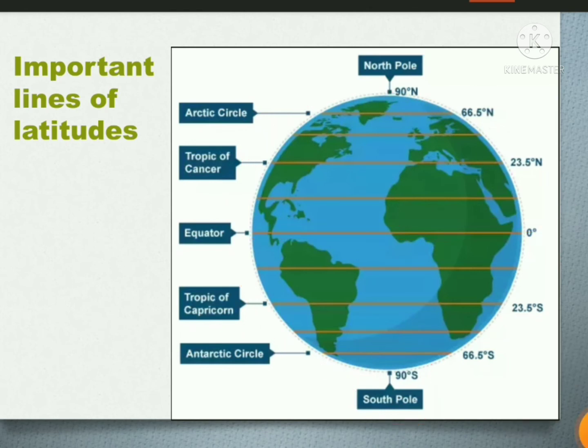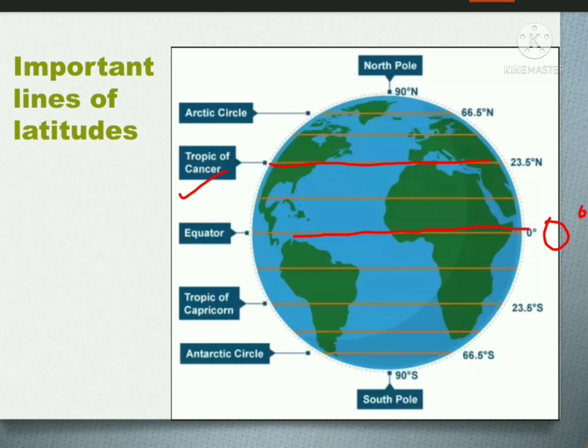Now let us learn some important lines of latitudes, with which we will also learn the degrees. Okay, so first important latitude is equator at 0 degree. Then we have Tropic of Cancer at 23.5 degree north.